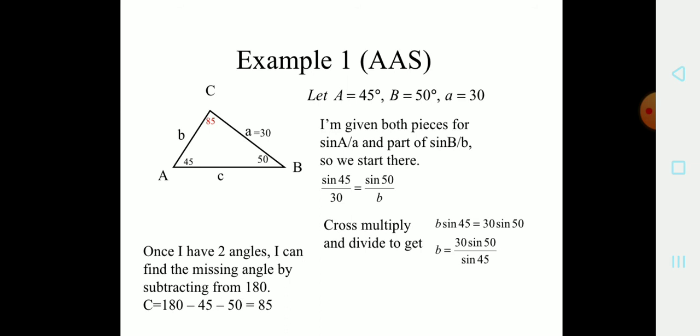Cross multiply and divide to get b sin 45 equals 30 sin 50, so b equals 30 sin 50 over sin 45. Once I have two angles, I can find the missing angle by subtracting from 180: C equals 180 minus 45 minus 50 equals 85.